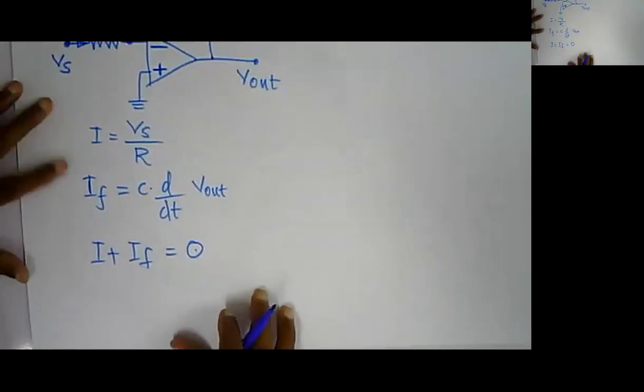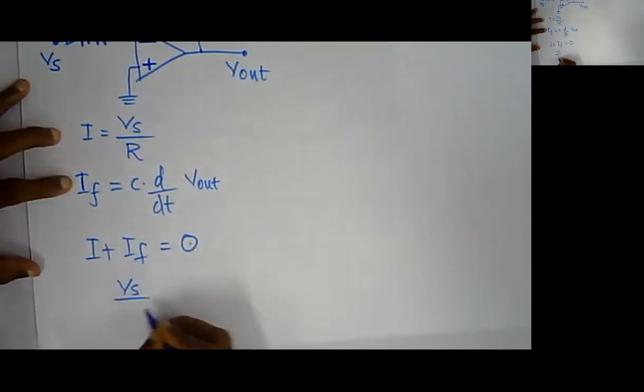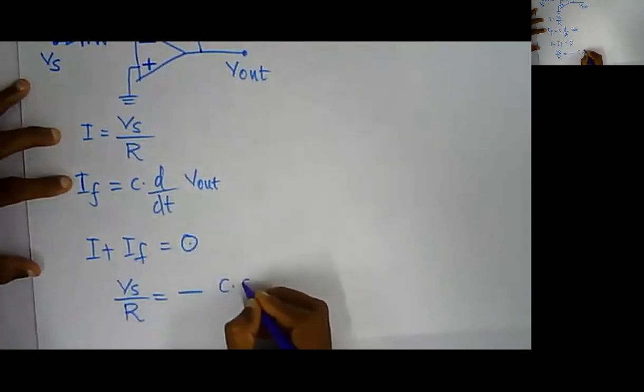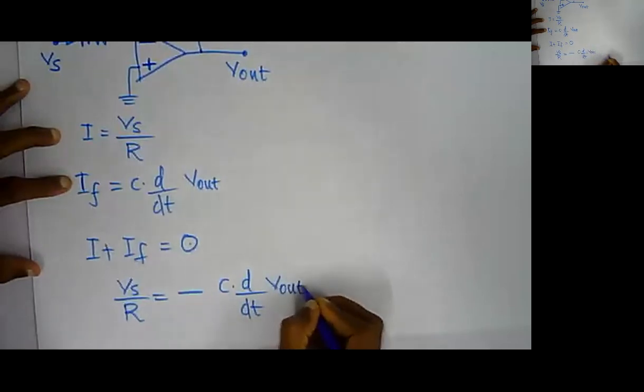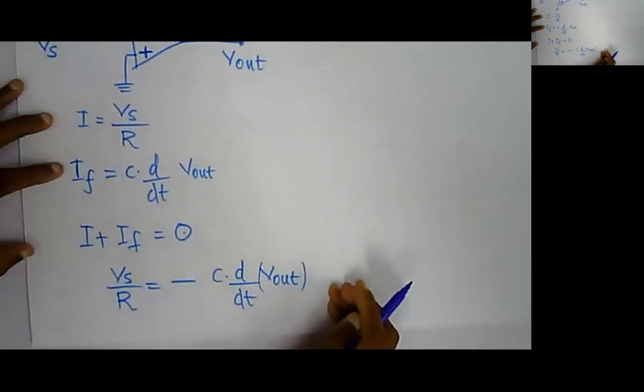So I is equal to minus IF. So Vs by R is equal to minus C into d/dt of V out.